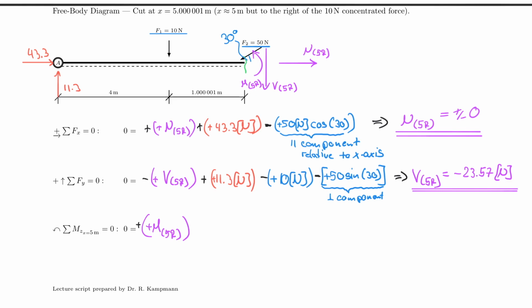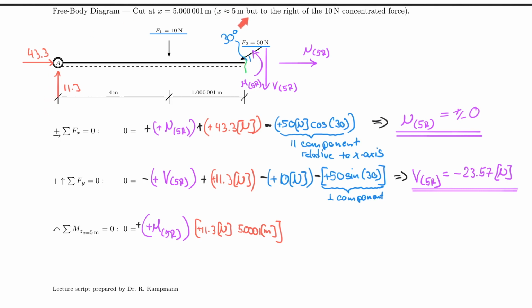Now I include my 11.3 Newton, and that is positive, of course, but it's also multiplied by 5 point something, so 5.00001 meters. And that now rotates again about this point.